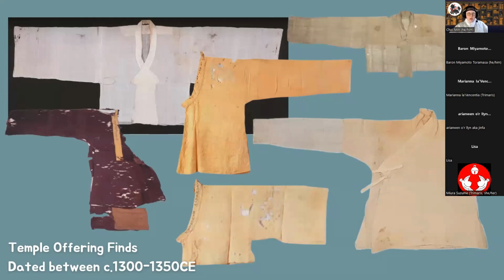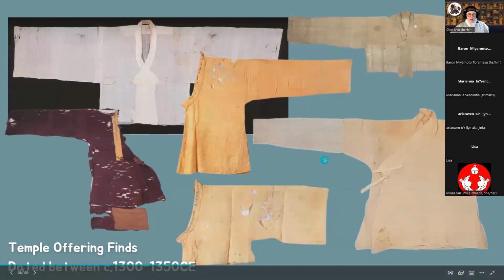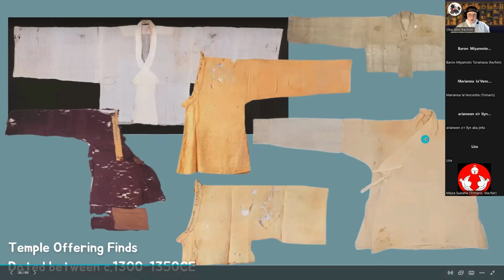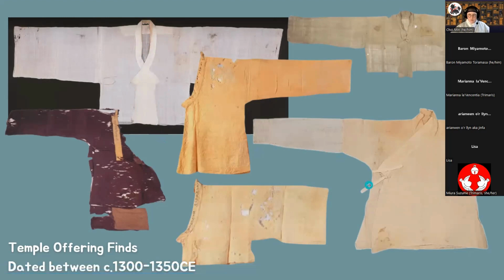And this one here isn't one of those extants that was found at that time, but you can see the collar goes over much further. I believe in the lecture she said this was in the Chinese style. I don't really know what that means, but what we're seeing is that these undershirts, or underlayers, could have a lower, steeper collar with just a very small overlap, whereas this overshirt probably would have been worn on the outermost layer.